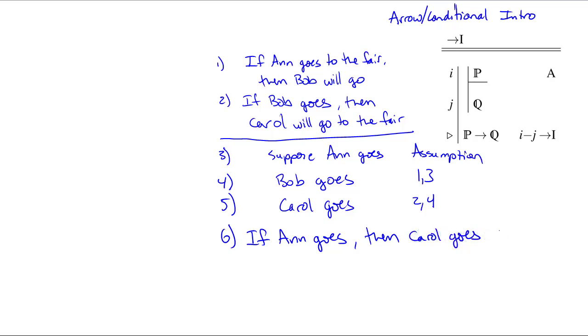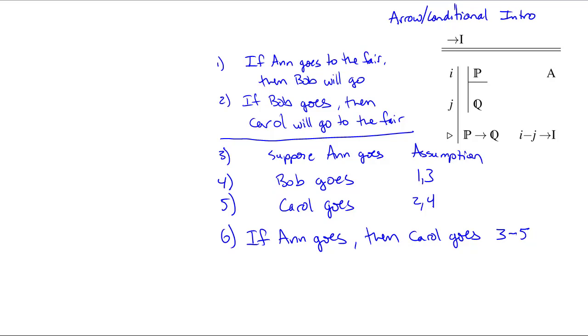And this comes from the assumption we made in 3 and the process of using that assumption with lines 1 and 2 to make our way to line 5. So notice that I've indented these lines here. That's because they all start with this assumption and they all depend on that assumption. So essentially what we've done in our English language example here is a sort of subderivation.